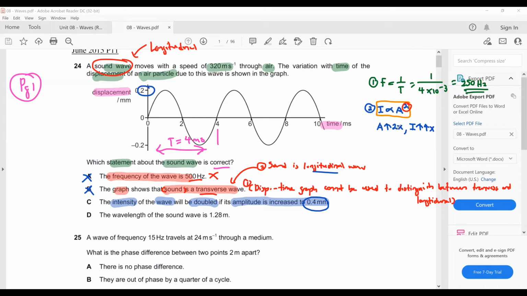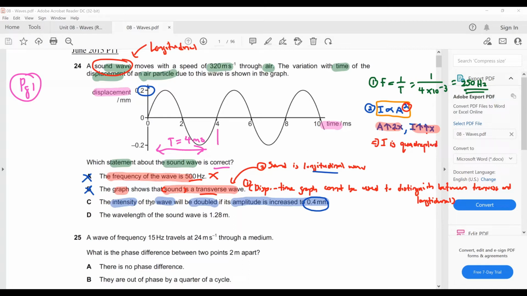Right? If this one increases 2 times, this will increase 4 times. If this increases 3 times, this will increase by a square term. It will increase 9 times. If it increases by 4 times, it increases by 16 times. Okay, this is something to do with maths. All right. So here I know that amplitude increases 2 times, intensity must increase by 4 times. So what you're getting here is that intensity is quadruple.